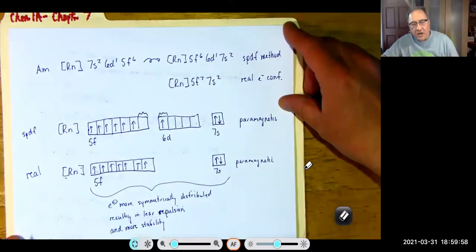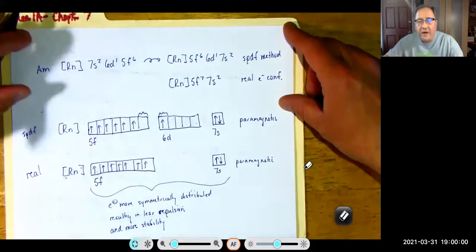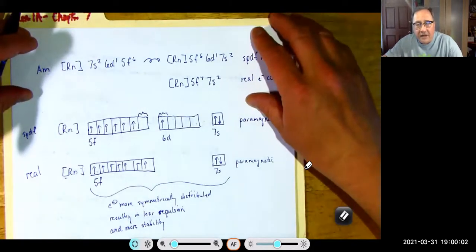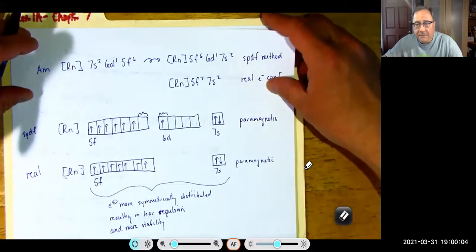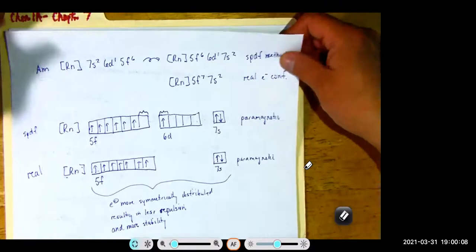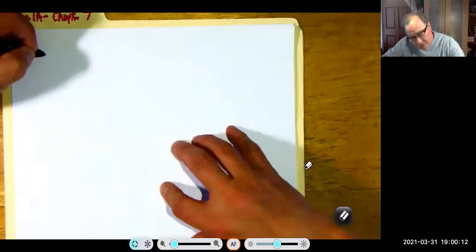Let me ask you this. Where on the periodic table are you likely to find diamagnetic elements? The rare gases. Yes. Where else?